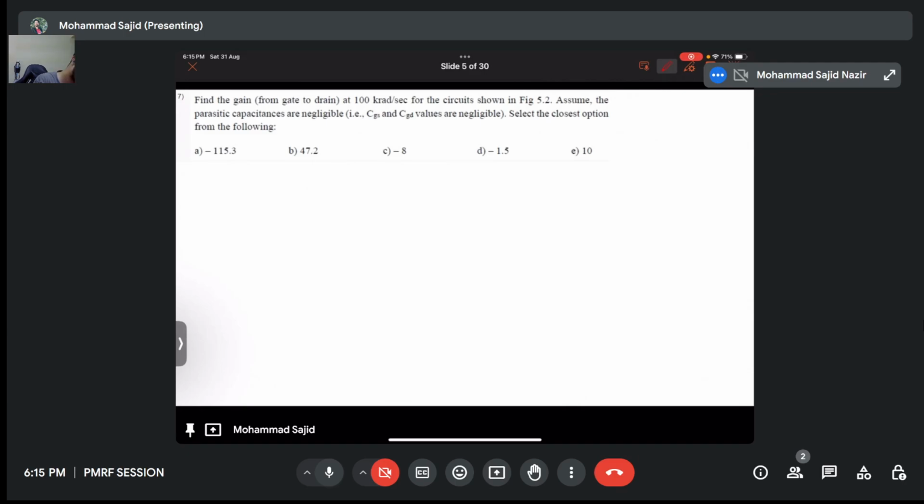Okay, next is find the gain from gate to drain at omega equal to 100 kiloradian per second for the circuit shown in the figure. Again, we have to treat the parasitic capacitances as negligible. Select the closest option.